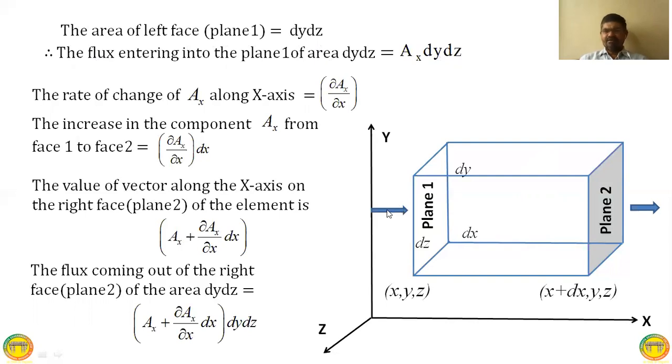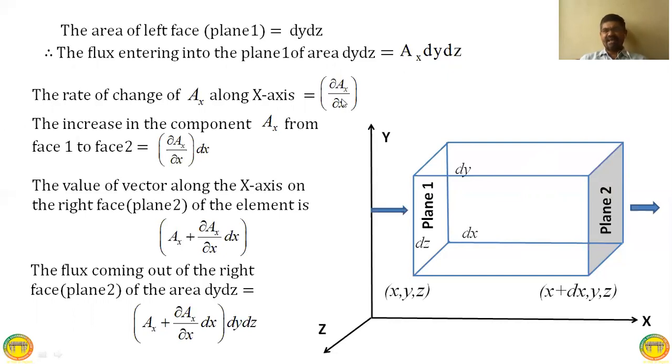Here, the flux enters plane 1 and flows towards plane 2. Therefore, Ax is changing with respect to the x-axis. The rate of change of Ax along the x-axis is del Ax by del x.